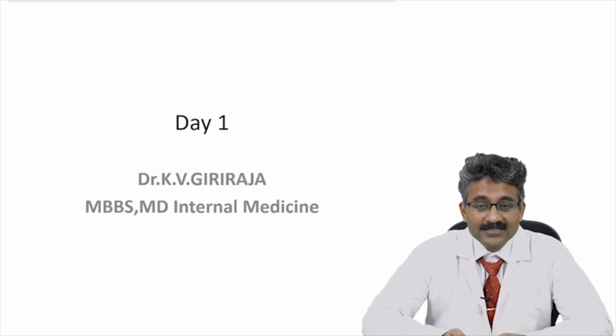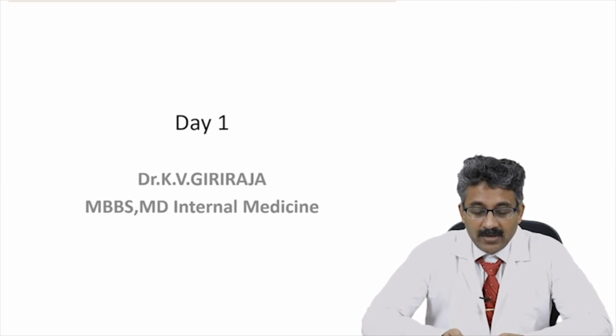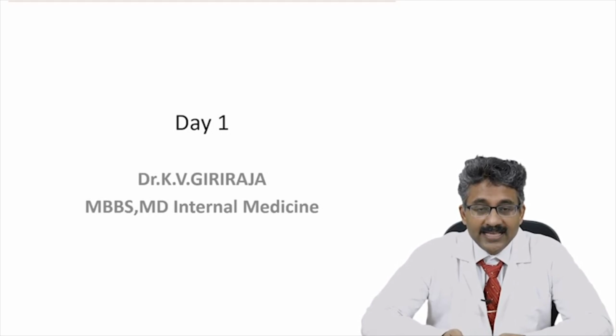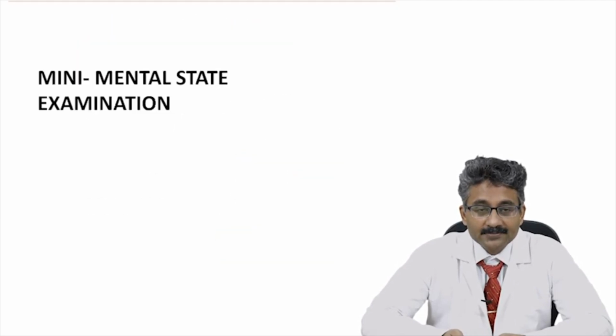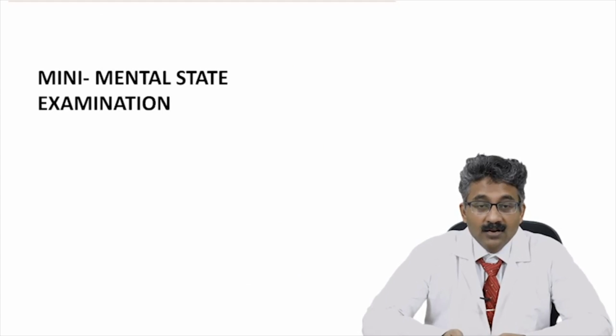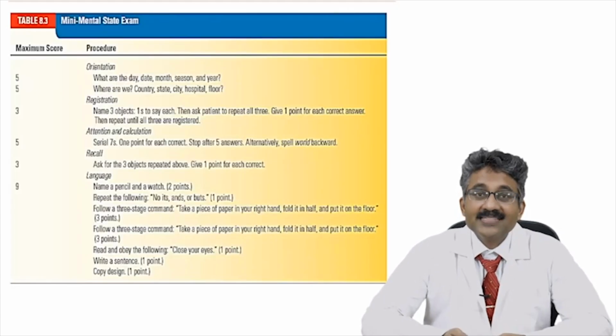We have discussed what to see in the level of consciousness, then handedness, then next is the orientation and concentration. For the orientation and concentration, you will do mini mental status examination. So, what are the things you ask in mini mental status examination? These are the questions which you will ask.